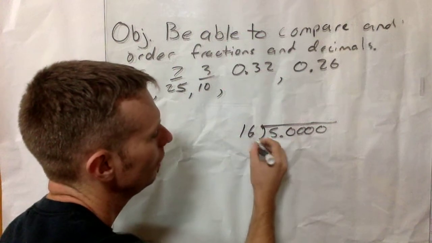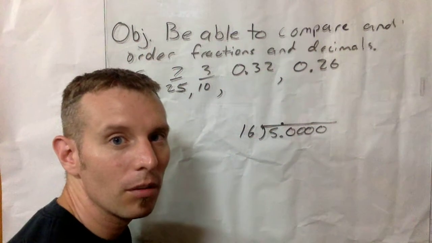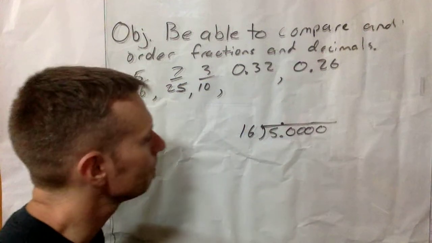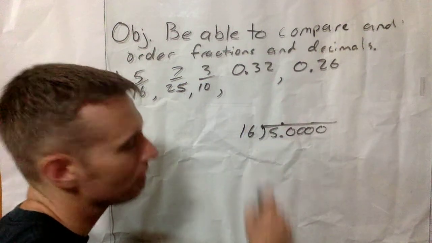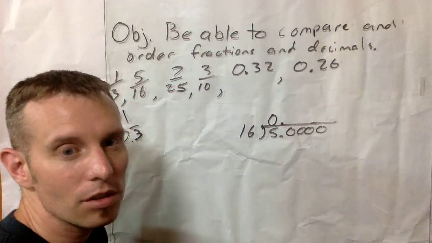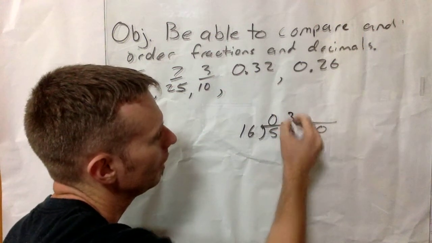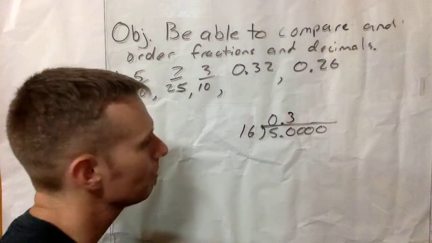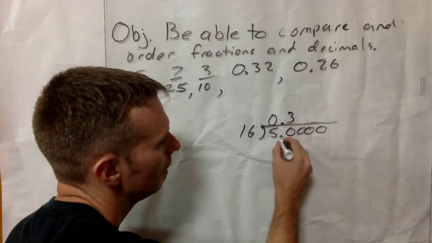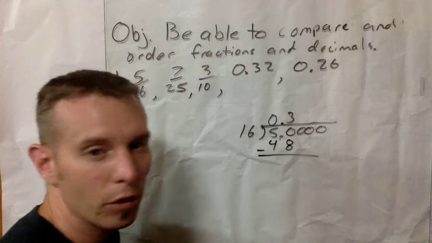We don't move any decimals over here, so this decimal is going to go right above where it is already in the 5. 16 does not go into 5, so this is going to be 0. 16 goes into 50. I believe it is 3 times, and 3 times 16, 8, carry the 1, it's going to be 48.